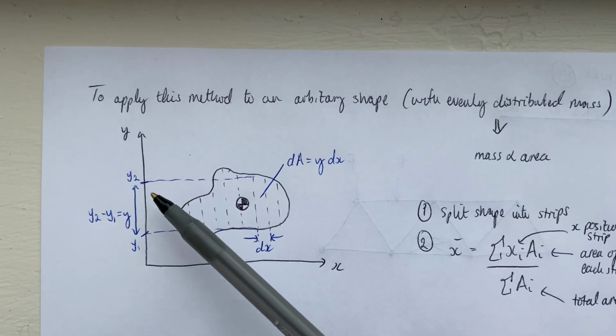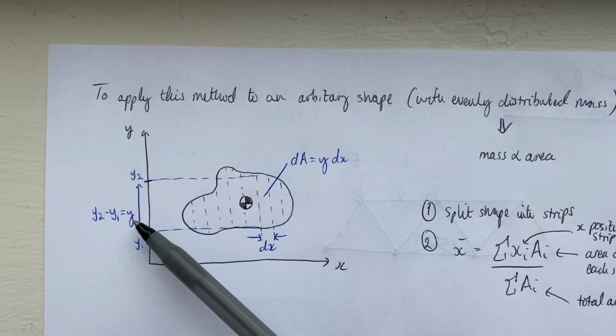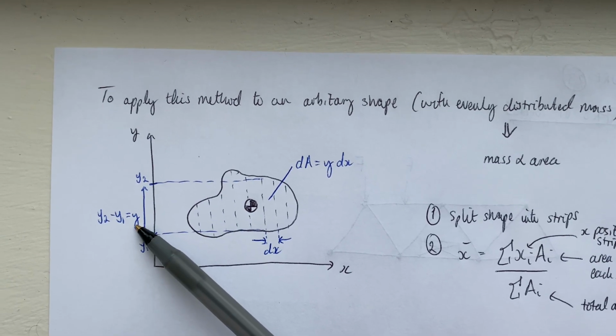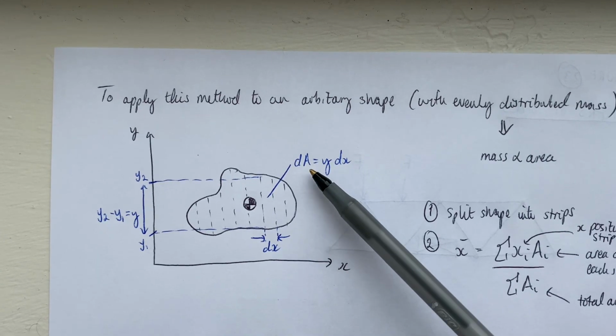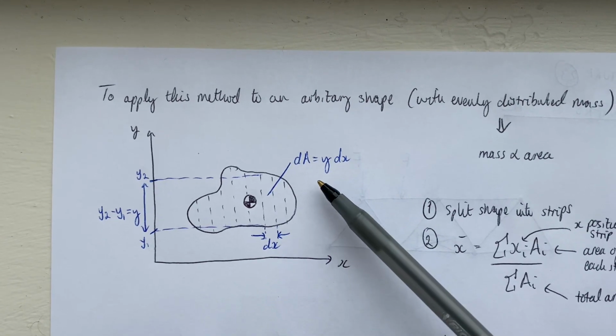So the height I've just taken as y2 minus y1, and I've called that y. The width is dx, so dA is just the width times the height.